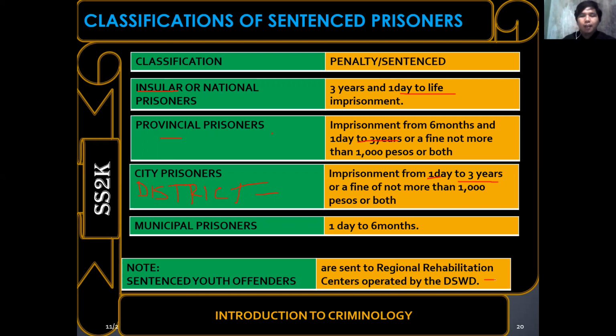Okay, so kahit ilan or kahit ano ang penalty na na-impose naman sa isang youthful offenders, basta less than 18 yan. So, ang may jurisdiction sa pangangalaga niyan is Department of Social Welfare and Development. So, kukunin nila yon, dadalhin sa Regional Rehabilitation Centers for Youth.